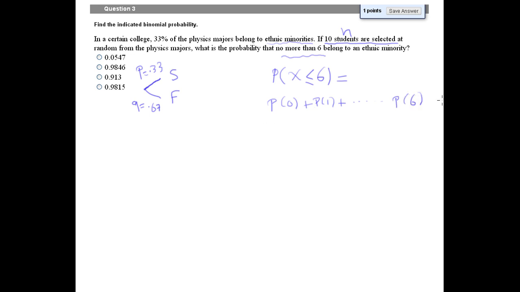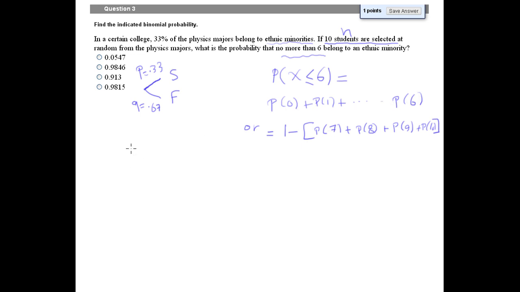Well, that might seem too long. In this case, you can just calculate the complementary event, which is 1 minus the probability of the others, the 7, the 8, the 9, and the 10. So we can just calculate 4 probabilities instead of calculating 7 probabilities.